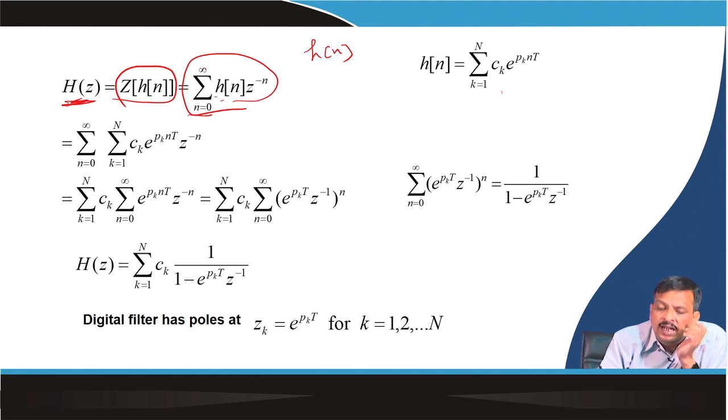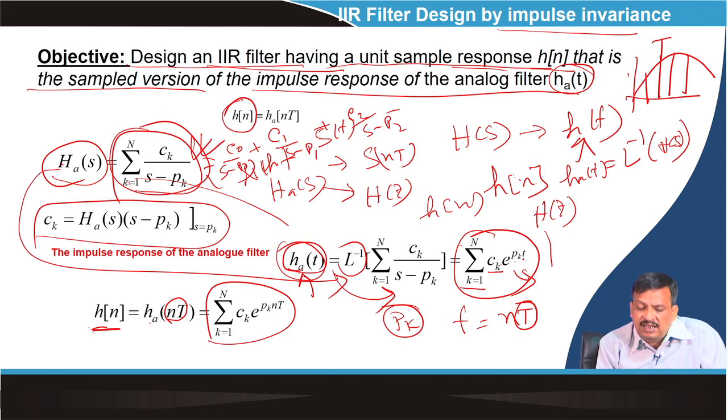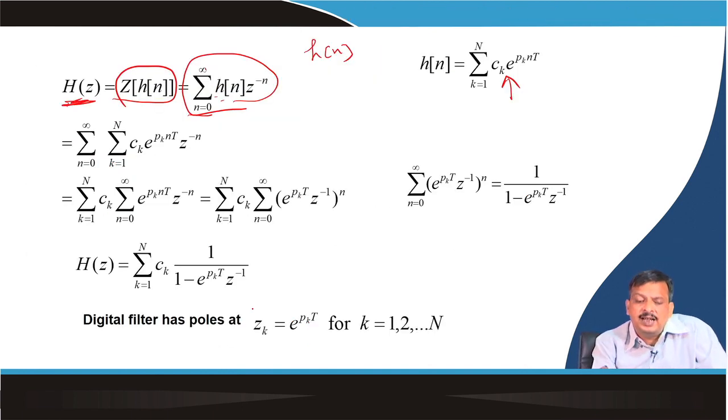Now I know H of n is this one, because this is the continuous time impulse response. I sampled t as n into T. So this is my H of n. So I put this H of n value in here.